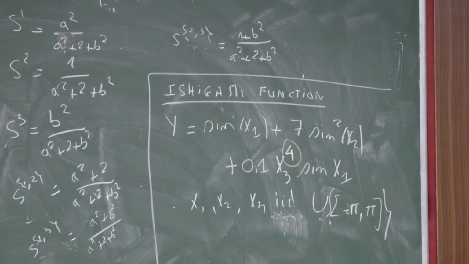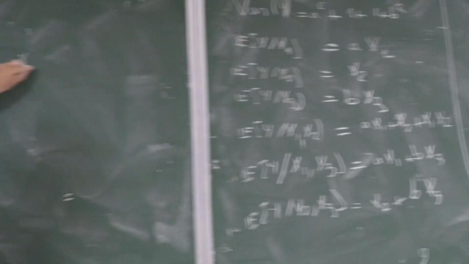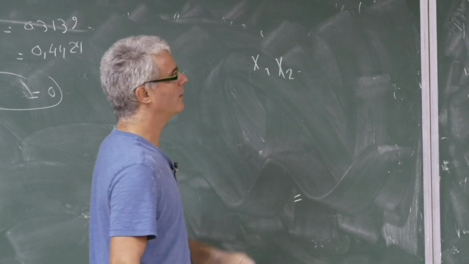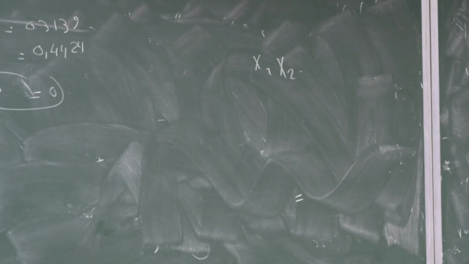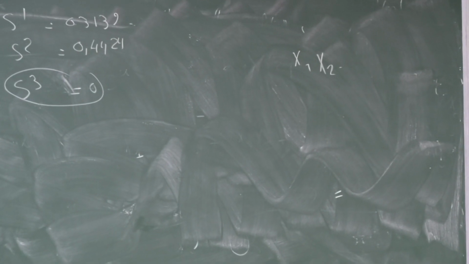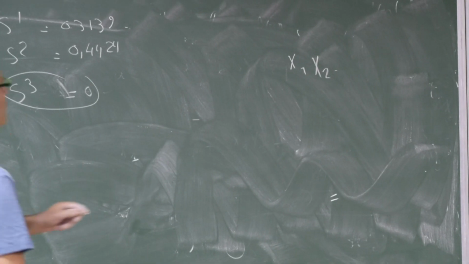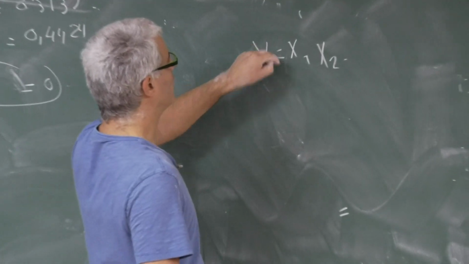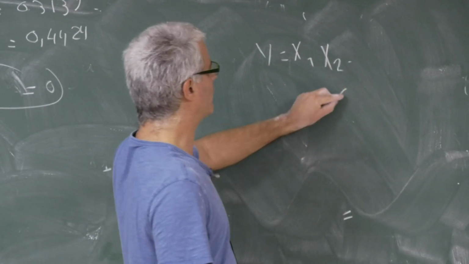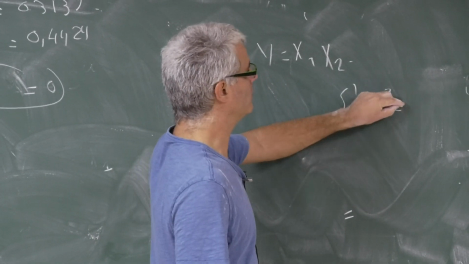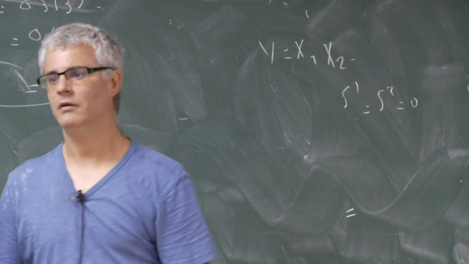And you remember when we had a product, like in the preceding example, we had a product x1 times x2, and we saw that in this case, if you just take this function with, for example, normal 0-1 inputs, you will find that S1 equals S2 equals 0.